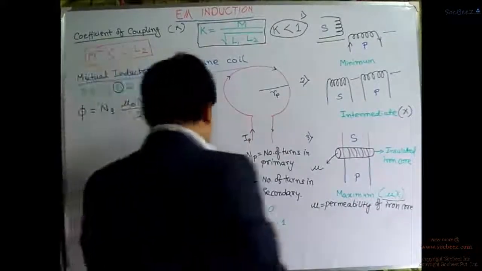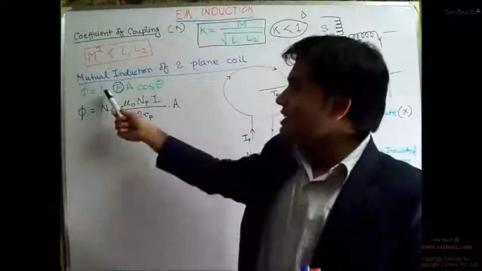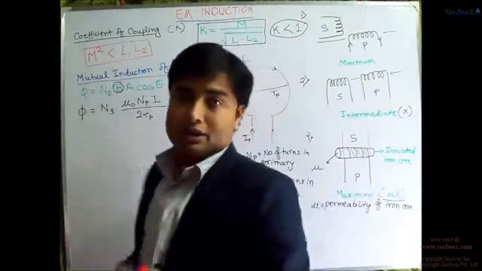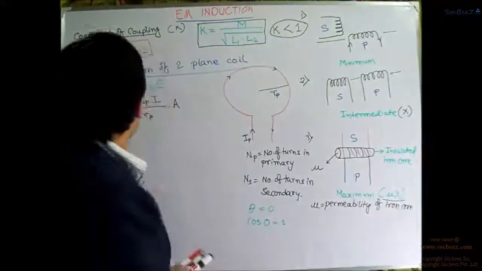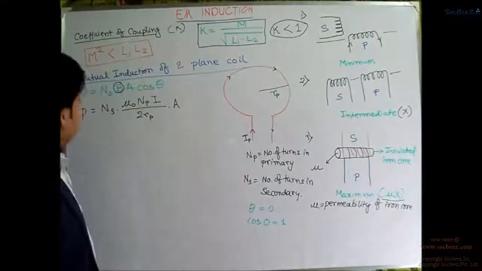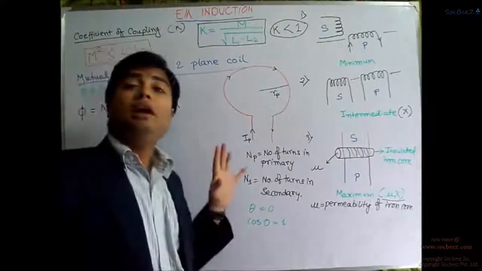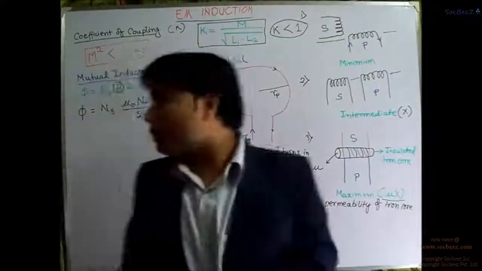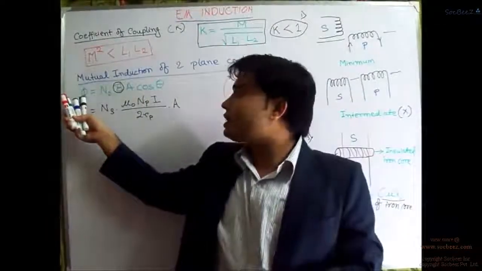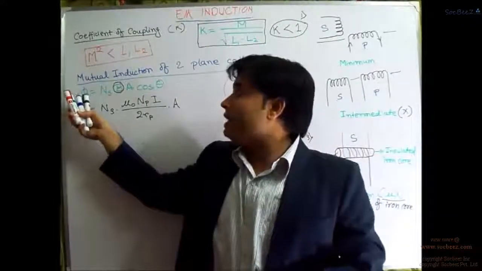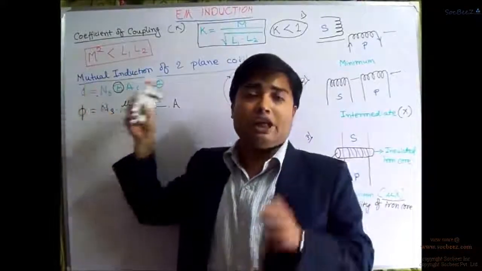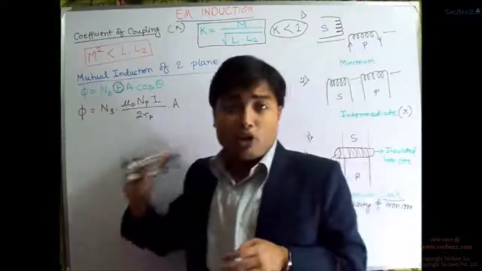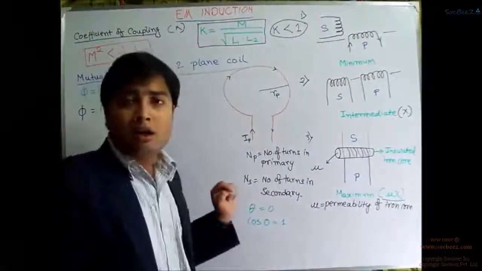Now, why have we taken Ns over here and Np over here? Because we are dealing with this phi, which is the magnetic flux in the secondary coil. So when we find the magnetic flux in the secondary coil, the number of turns in the secondary coil shall count. On the other hand, this B is because of the primary coil.